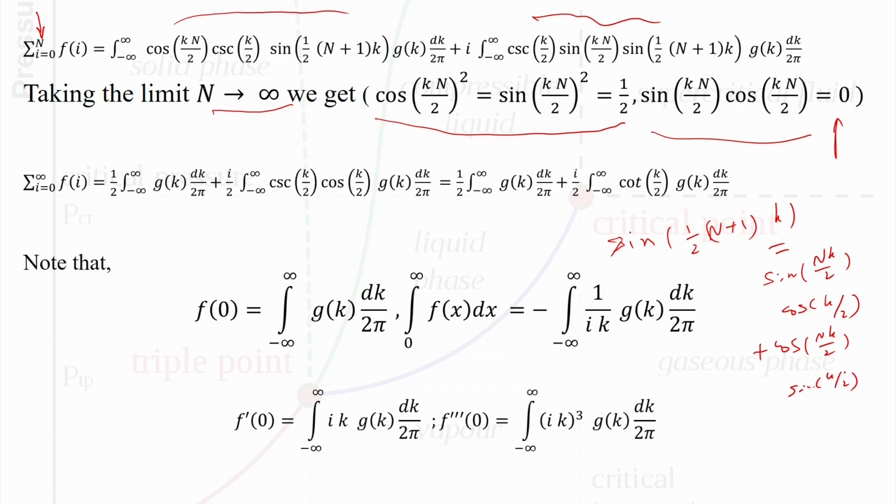Okay. So I'm going to write all this: sine cos plus cos sine. Okay. So if I do that and I use all these identities, I end up getting this equation.